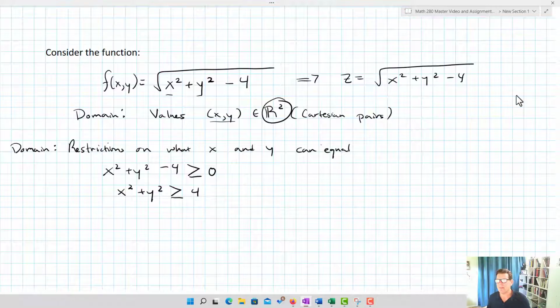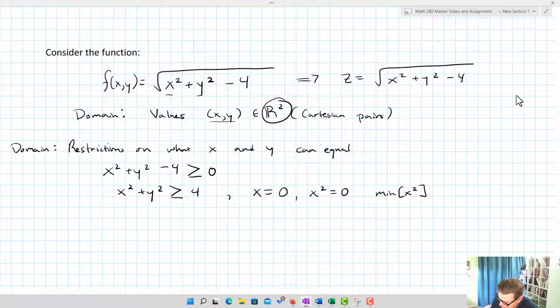But here's the thing about that. That's not really about x and y individually, right? Because if we let x equal, say, 0, and that makes the smallest x squared we can have, so x squared equals 0. That is the min for x squared.